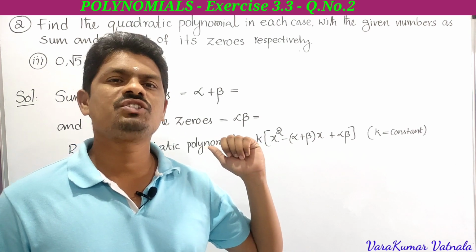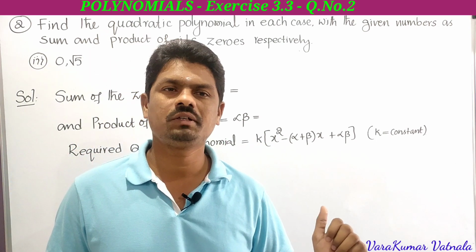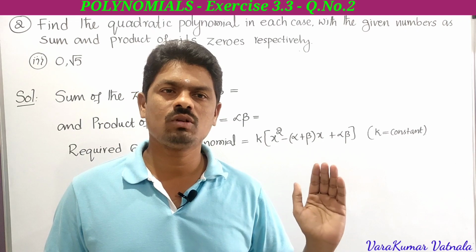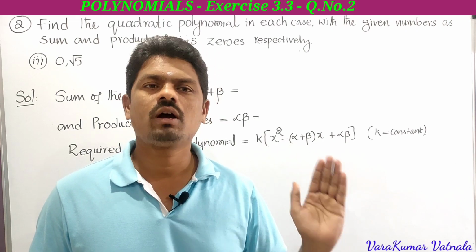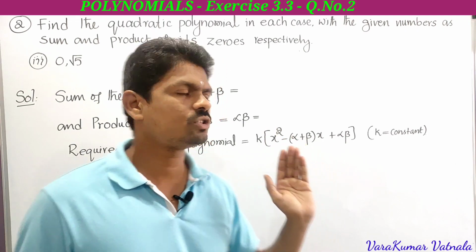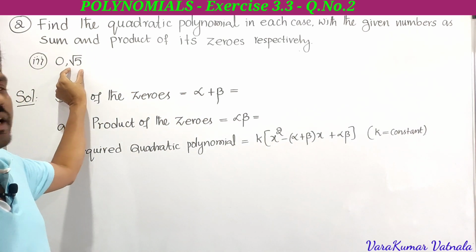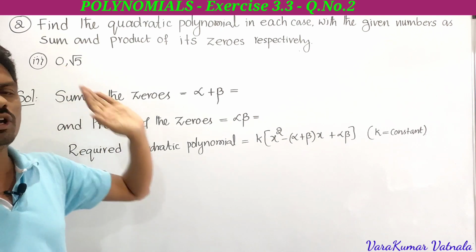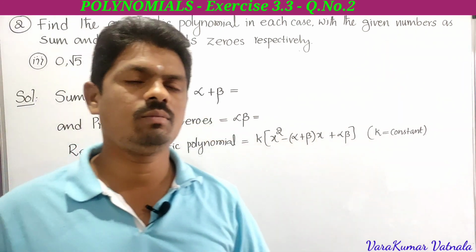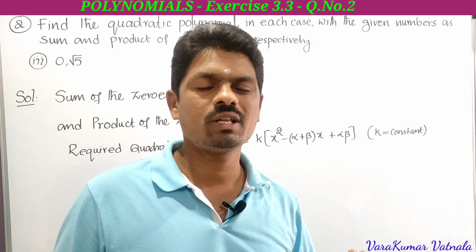Here he has given 0 comma root 5 in the third bit. So the sum of the zeros is 0 and the product of the zeros is root 5. The first one is the sum of the zeros, the second one is the product of the zeros. By using these two we have to find the quadratic polynomial. So what is the formula?